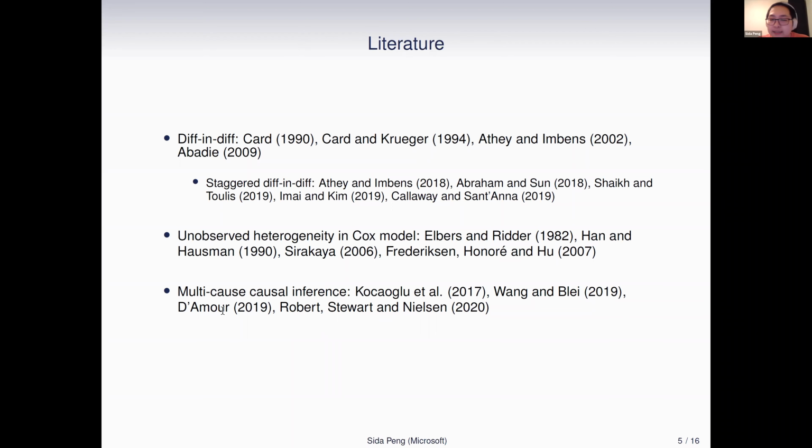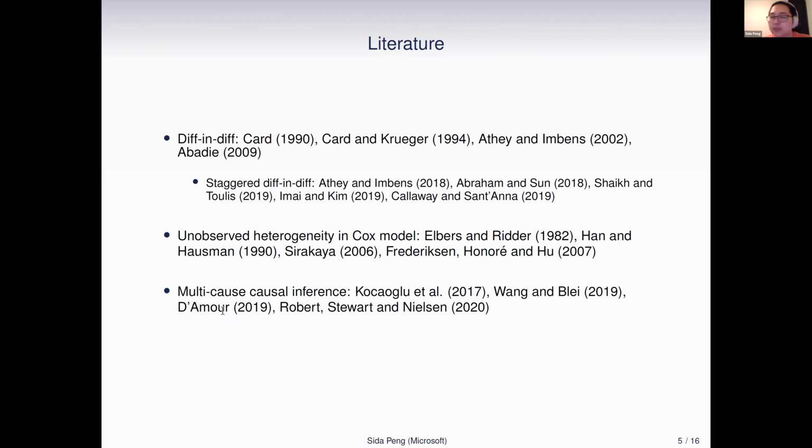And I think this literature is also remotely related to a rising literature on multiple cause causal inference. In this literature, people consider multiple types of treatment and then try to control for unobserved confounders.